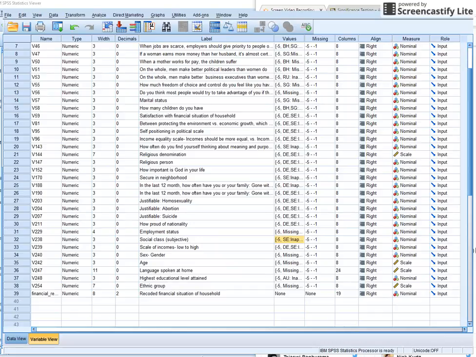I could choose 3 groups here. I could choose 2 groups here. In reality, in the US, I'm not really sure that the differences between people who answered lower middle class, working class, and lower class are going to be that different, because this is a totally subjective question where people were just given these choices and asked which one of these they fit in.